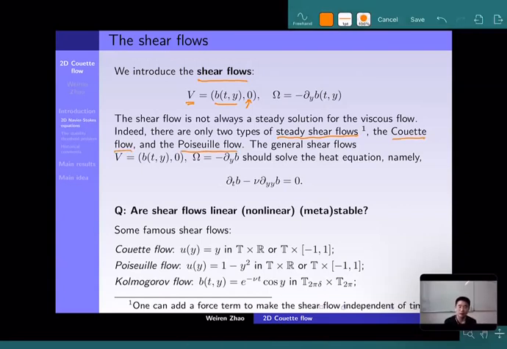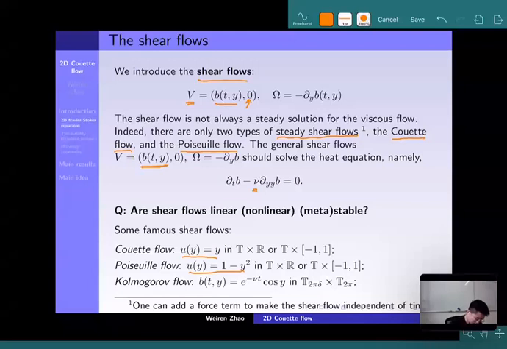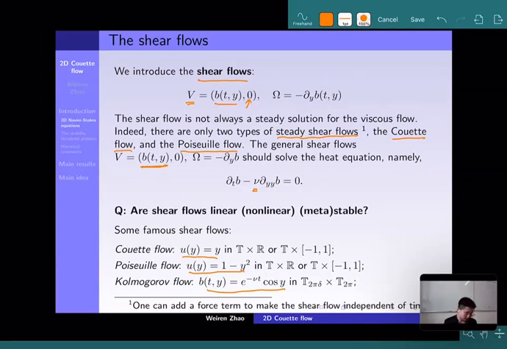In general, if you want the shear flow to satisfy the Navier-Stokes equation, then this function b_t of y should satisfy a heat equation. It is a one-dimensional heat equation with a small diffusion. There are some famous shear flows, for example the Couette flow, the Poiseuille flow, and also the Kolmogorov flow, and they all satisfy this kind of heat equation. A natural question to ask is whether these shear flows are linearly or nonlinearly stable or not.